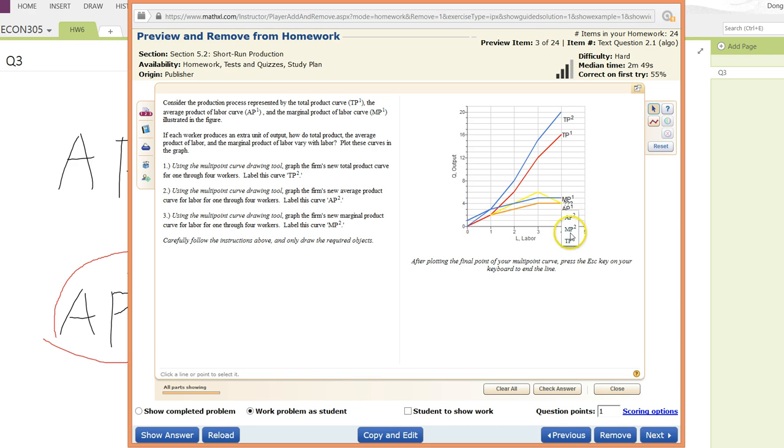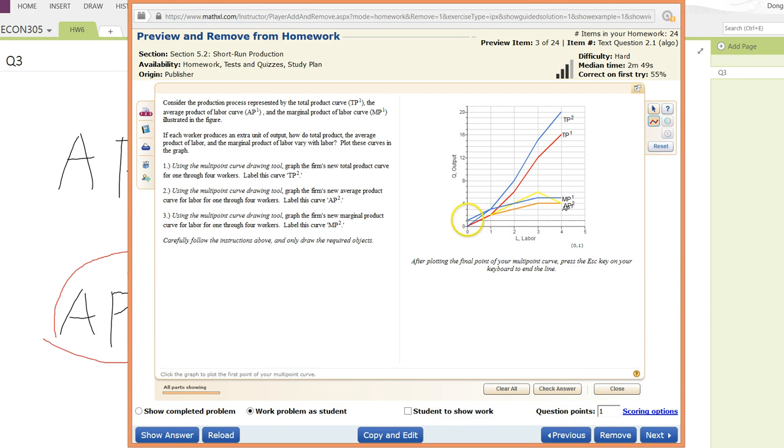So that's our AP2. And finally, it asks for the MP, marginal product. With the information given by the setup, we can easily derive the new marginal product curve, because each neighbor generates 1 more unit of product. So the marginal product of each neighbor must be 1 unit above the marginal product in the original situation. That says the new MP curve should shift up relative to the original marginal product curve by 1 unit everywhere.